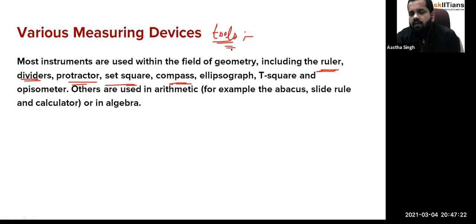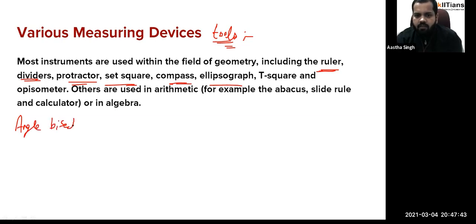So these are basically your tools to construct something. And the ellipsograph, T-square, and optisometer are basically used for engineering graphs.